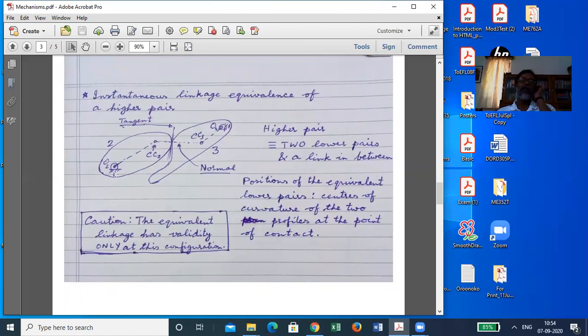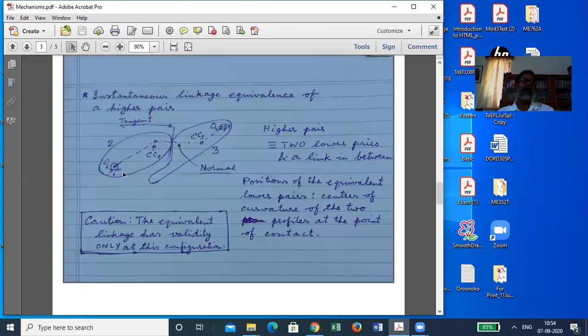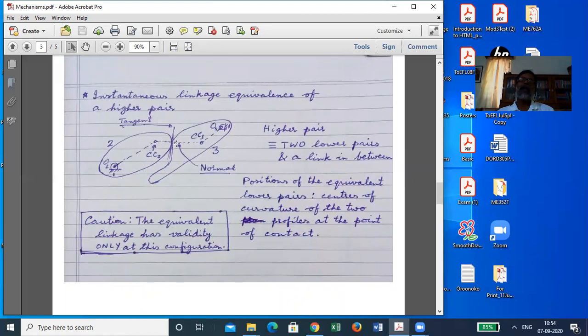And this profile is that of one of the moving links, and the other moving link has this funny profile, and motion transfer from one of them to the other takes place through this contact of the two profiles. Now the problem is that with every little movement of this link and therefore that link, the contact point changes and the geometry of the entire mechanism keeps on changing.